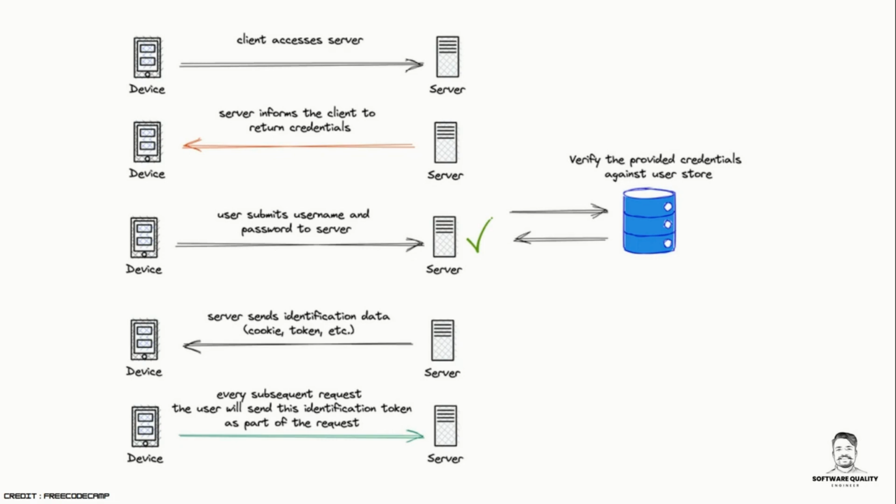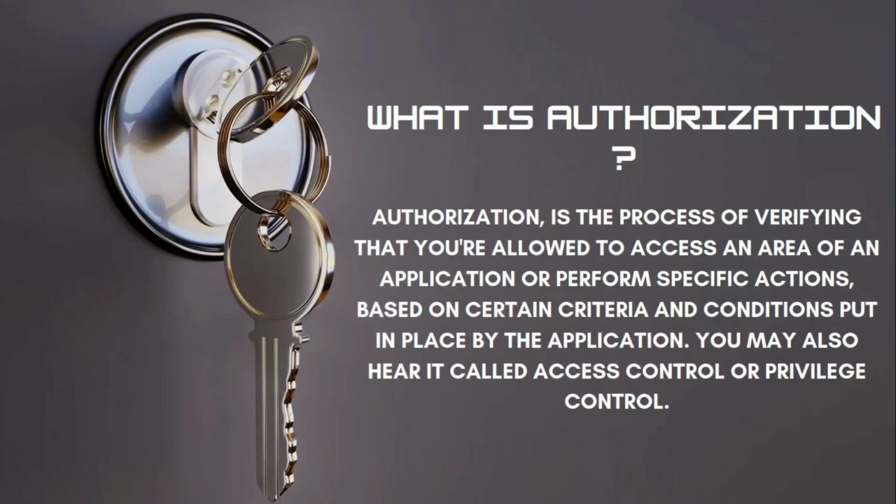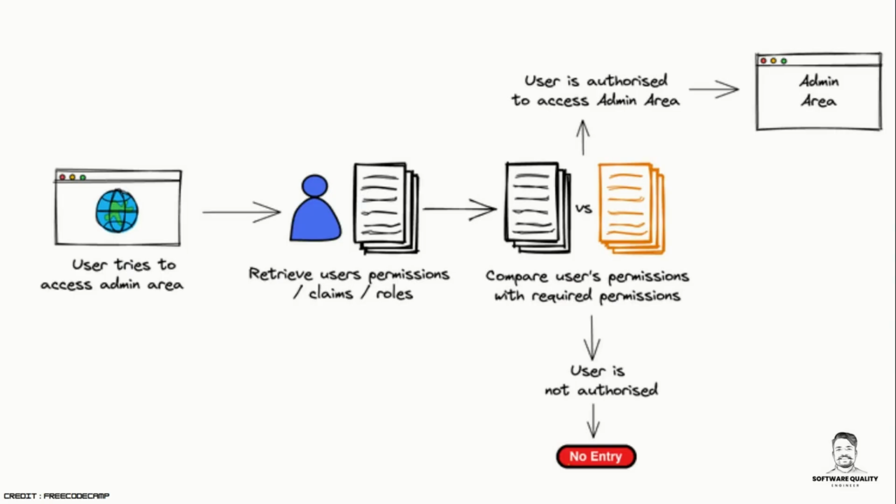Now let's move to what is authorization. Authorization is the process of verifying whether you are allowed to access a particular resource or area or not. Authorization is also known as access control or privilege control. Let's talk about the file structure. Files also have permissions and access control, so that comes under authorization.